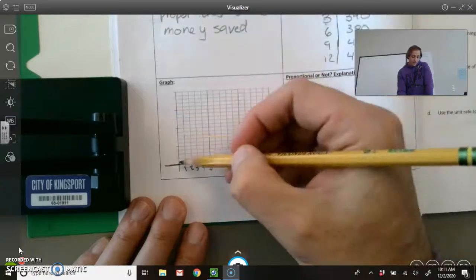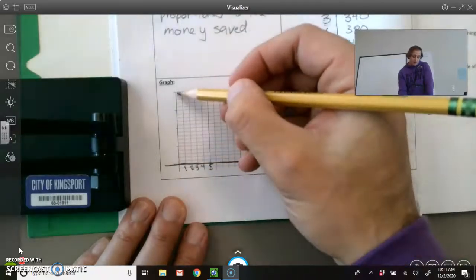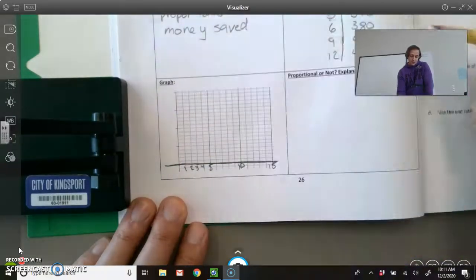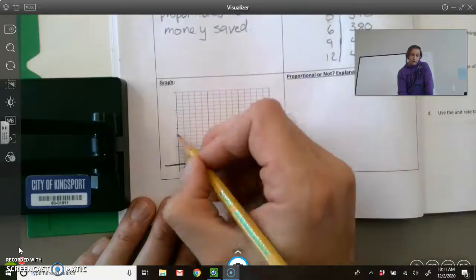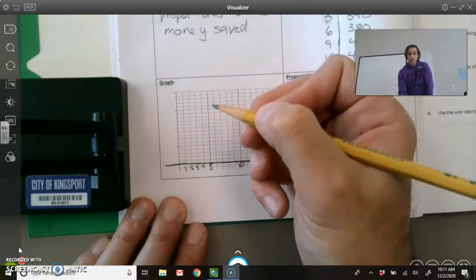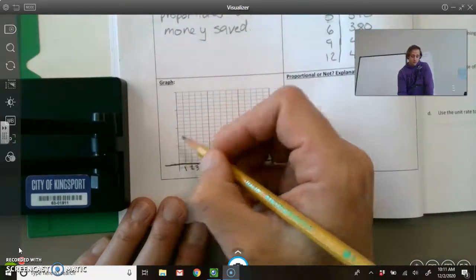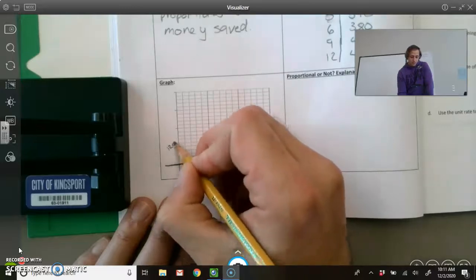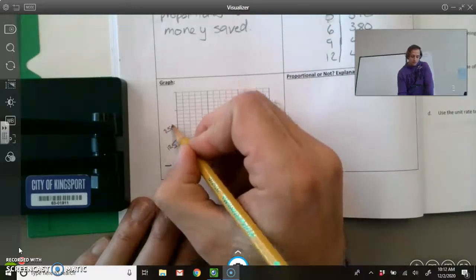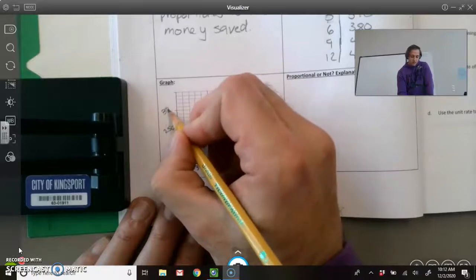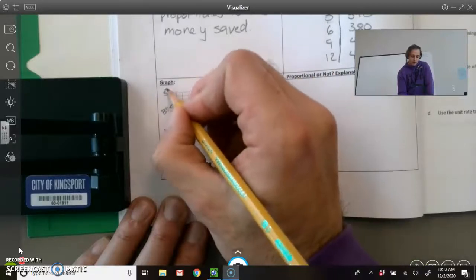So if I have 20 spaces, and I need to go up to 500, maybe each of them could be worth 25. 20 times 25 is 500, so 5 spaces would be 125, 10 spaces would be 250, 15 spaces is 375, and now that's 500.